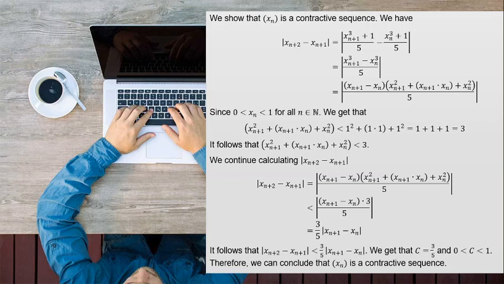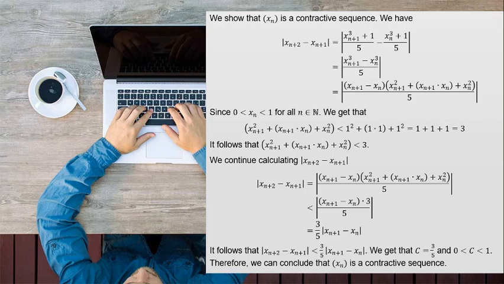So we have the absolute value of x_{n+2} minus x_{n+1} equals the absolute value of x_{n+1} minus x_n multiplied by (x_{n+1}^2 + x_{n+1}x_n + x_n^2)/5.